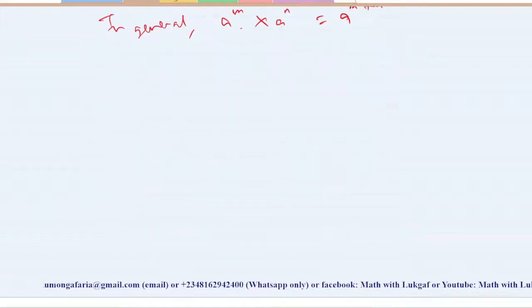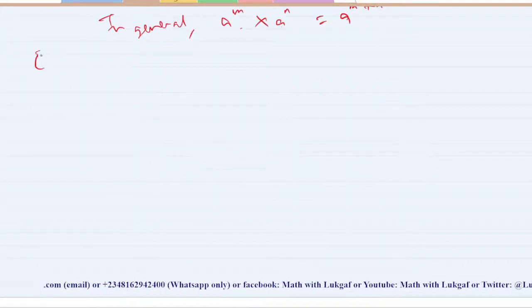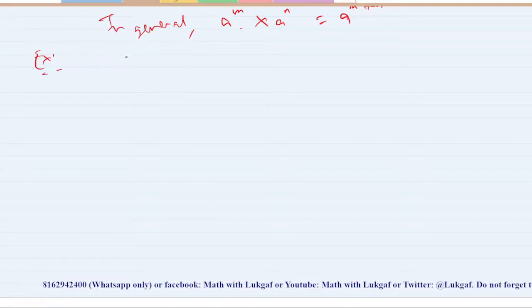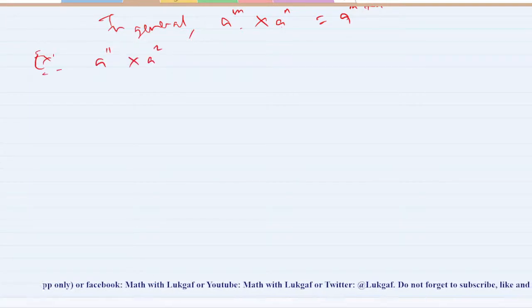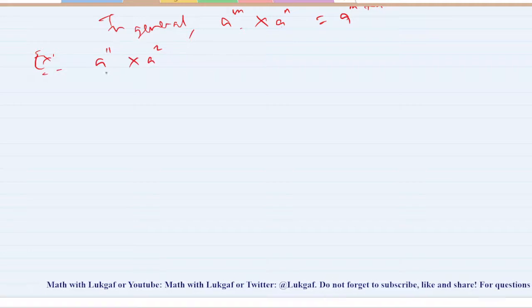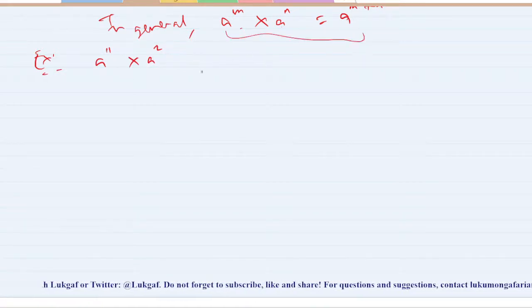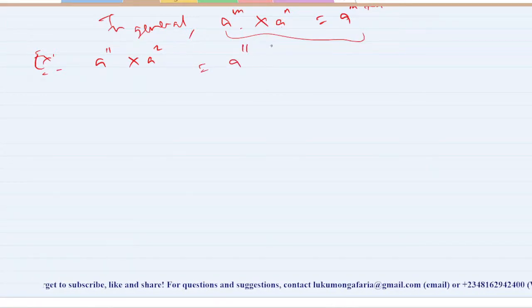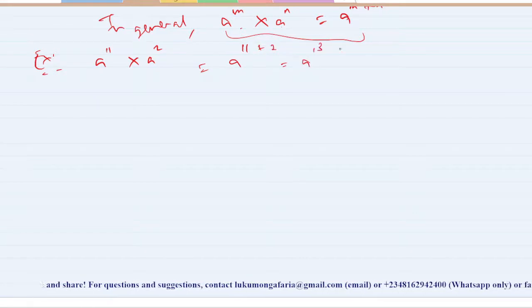So for example, let's say I have a raised power 11 multiplied by a raised power 2. You don't need to stress yourself. You don't need to multiply a by itself 11 times. According to this rule, I'm going to have a raised power 11 plus 2, which is equal to a raised power 13.